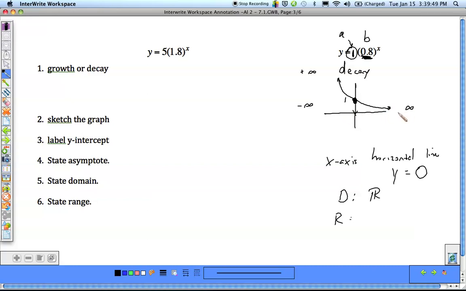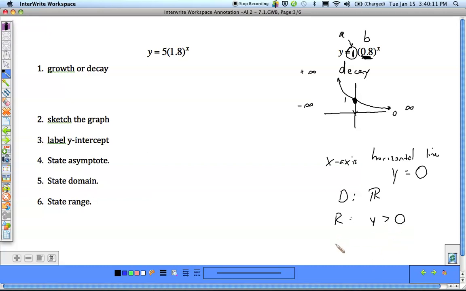It's not going to hit the x-axis, but the value that it's going to go towards is 0. So it's really going to cover every value from 0 up to positive infinity, but we can't include that 0. So we can say that the graph is going to get close to 0, and it's going to go up to positive infinity, continually going up, so our y values are going to be greater than 0.